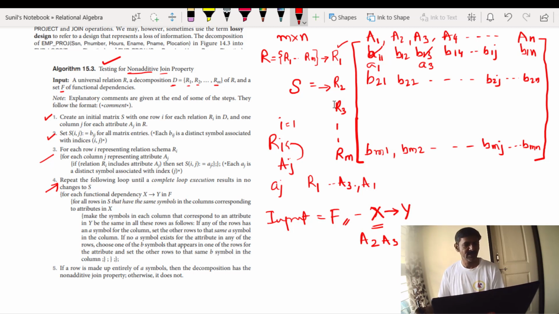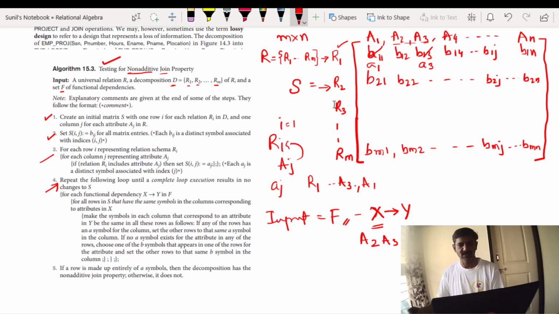Now what you have to do is, for all rows that have the same symbols in the columns corresponding to X, that is A2, A3 here, you have to check if any of the rows contain the same values.